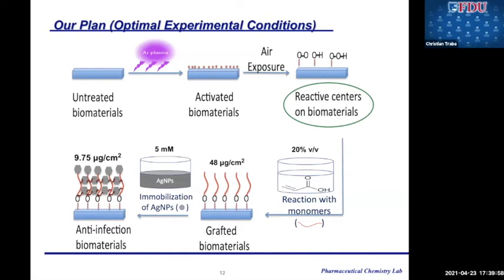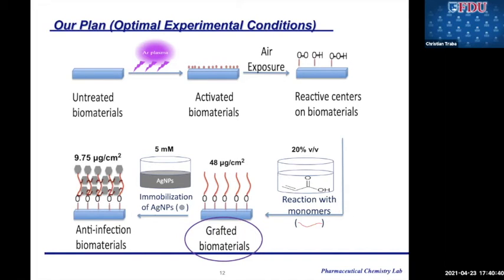After exposure to air, we then expose our surfaces to 20% of acrylic acid monomer solutions. The graft polymerization reaction is carried out at 70 degrees Celsius under a nitrogen atmosphere, and this initiates the free radical polymerization at the reactive sites. With this plasma-initiated graft polymerization technique, a desired polymer can be covalently bound to the surface of our material, resulting in a nanocoating or a grafted biomaterial.